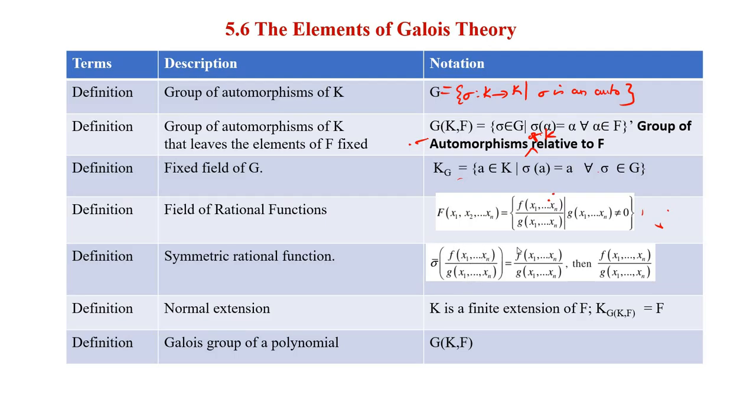And we are going to have those functions which are left as such by certain automorphisms. Those rational functions are called symmetric rational functions. So not all of them will be taken to themselves.